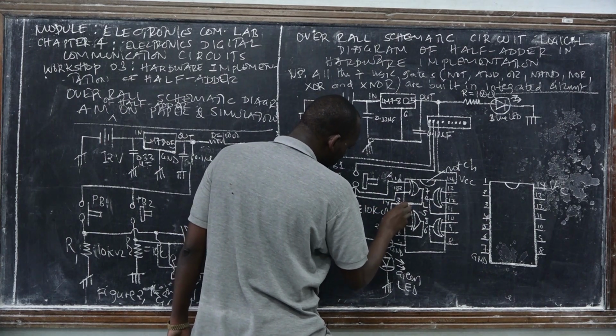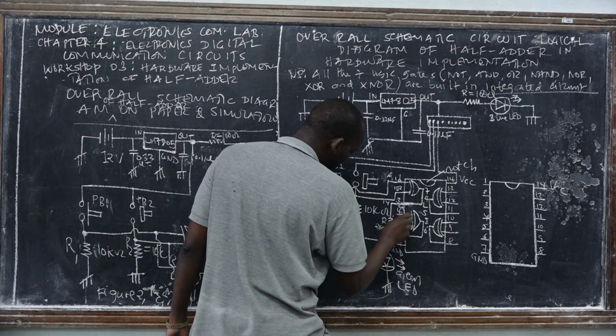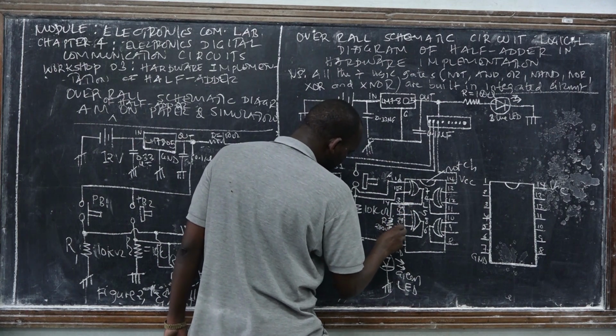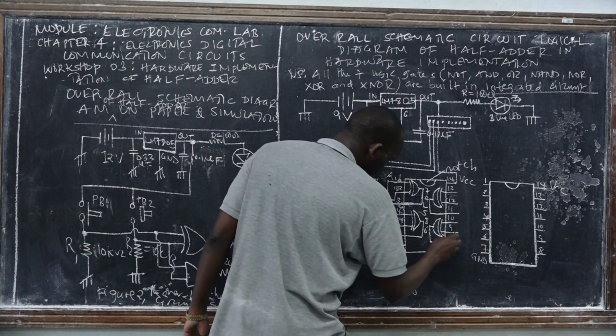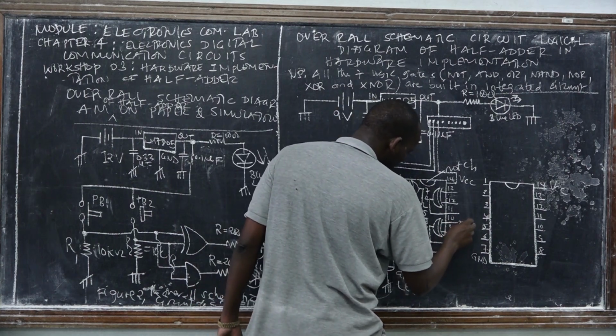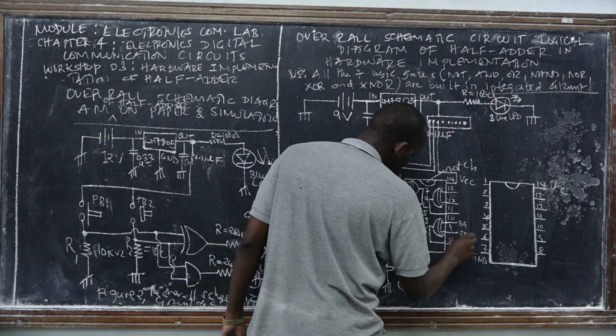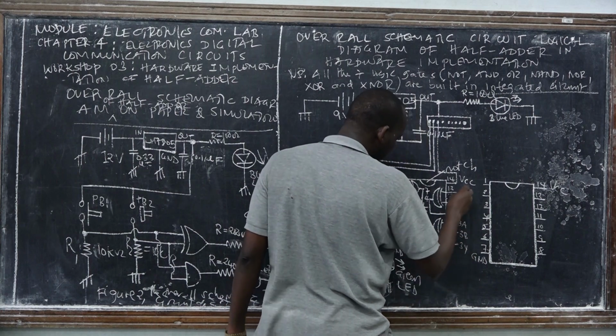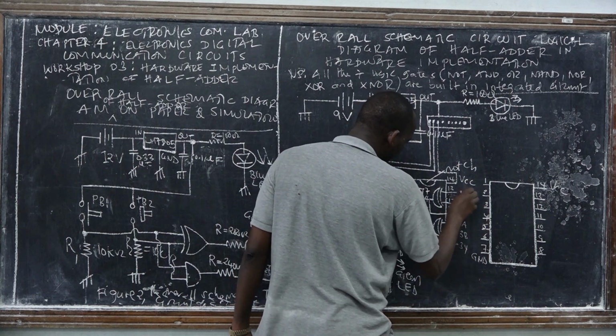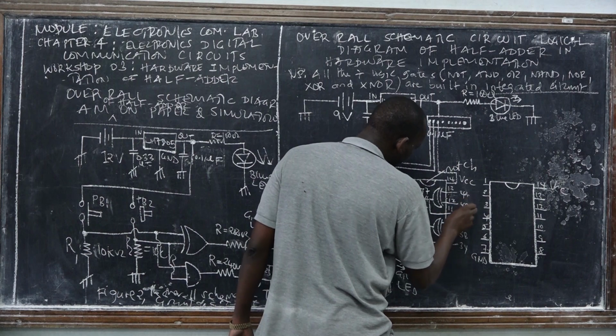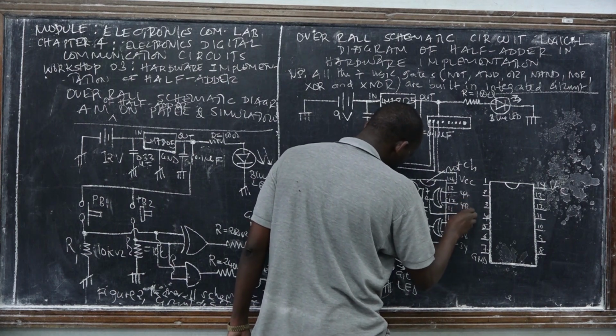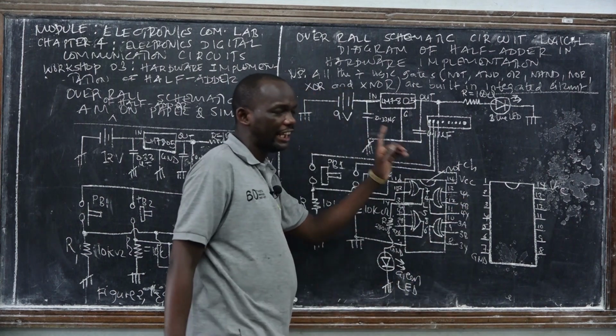This is 2A, 2B, and 2Y. Then 3A, 3B, 3Y. Then here we have 4A, 4B, 4Y. Those are the names.